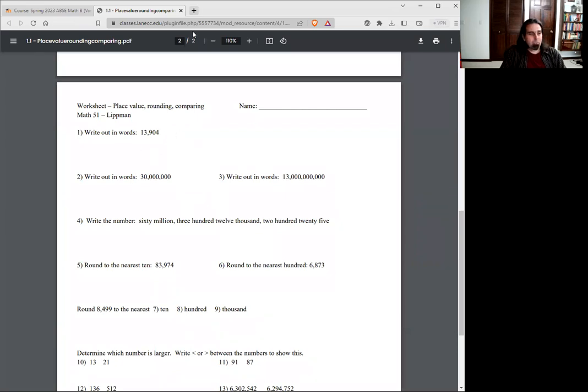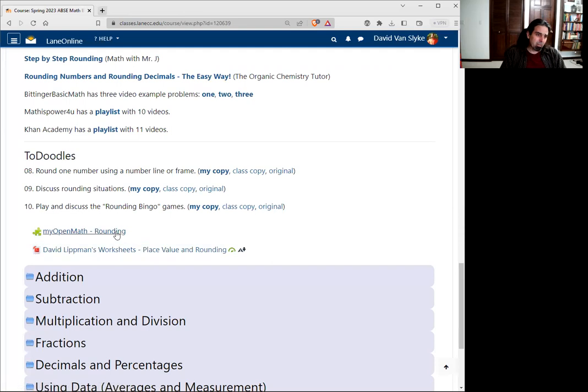I have some answer sheets, but Moodle doesn't. So if you do them, you need my help to make sure you did it right, which isn't hard. Most people just take a picture of their scratch paper and email or text it to me, and then I get back to you. The advantage of My Open Math is that it grades as you go and makes up different versions of a problem if you want. It's a quicker way to get that loop of feedback and say, yeah, I'm getting this, good for me.